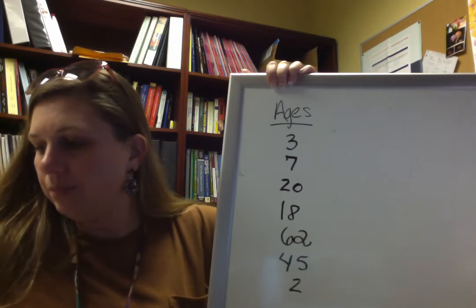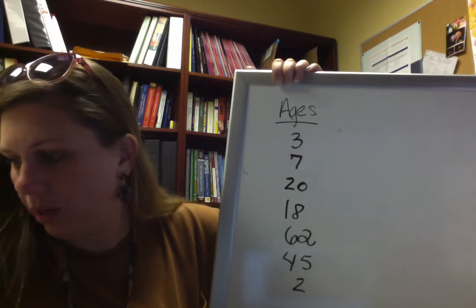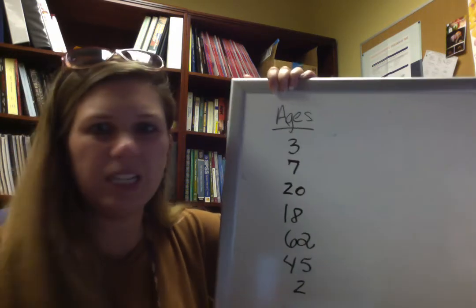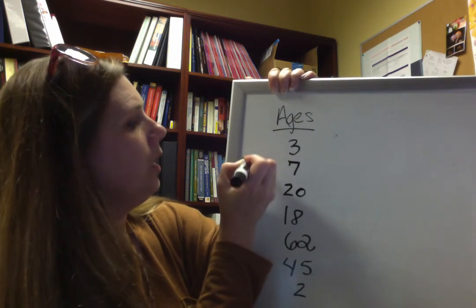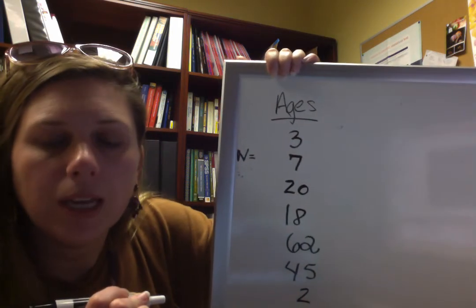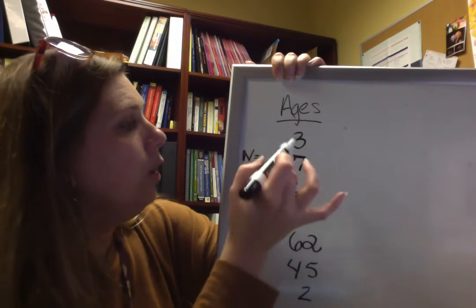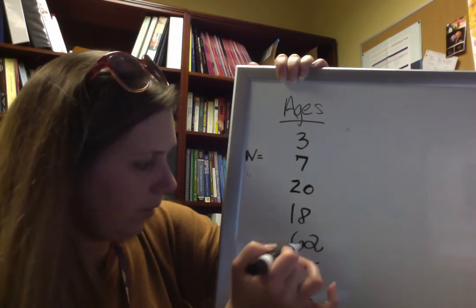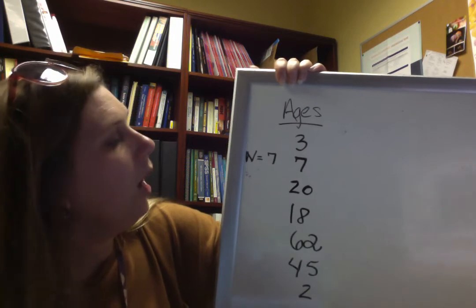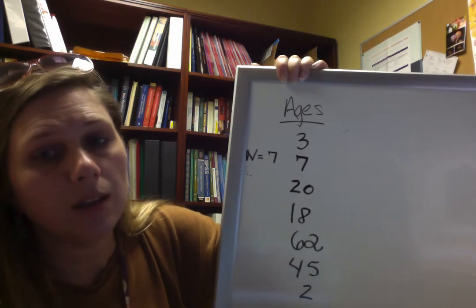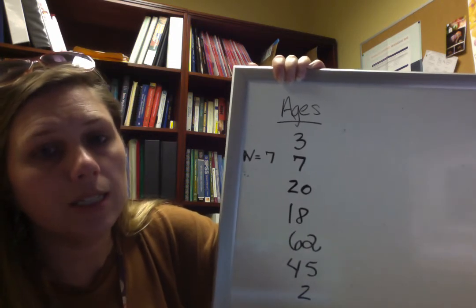The very first step in all of this is maybe just to identify the n. I usually write that out over here. Remember, the n is the number of scores. So we've got 1, 2, 3, 4, 5, 6, 7. 7 scores. But I need the mean, because I really can't do anything until I get the mean.